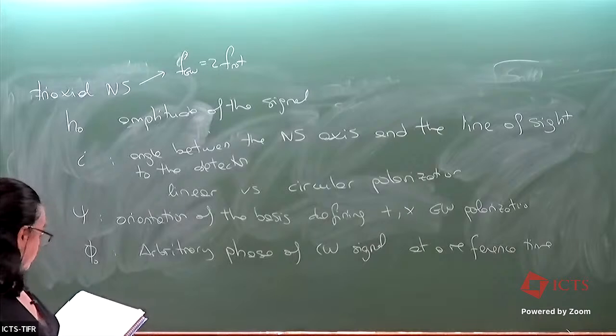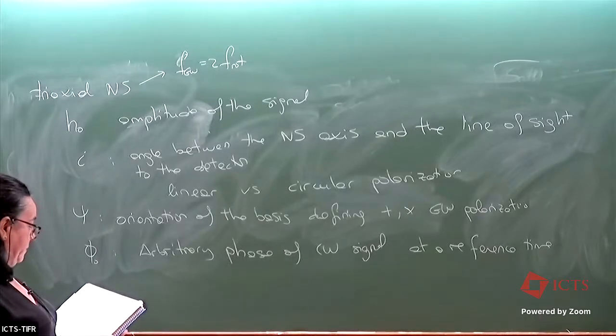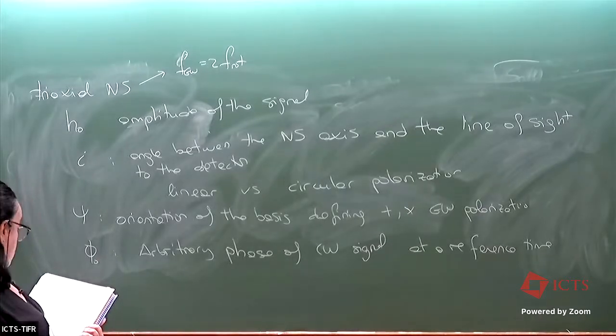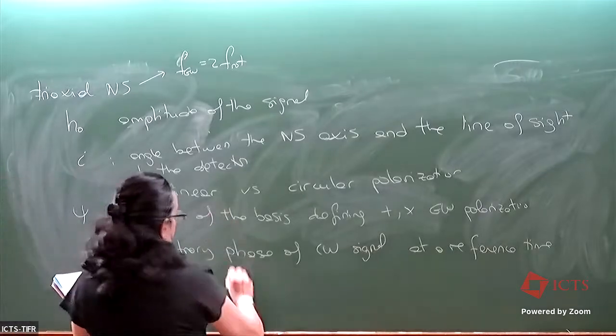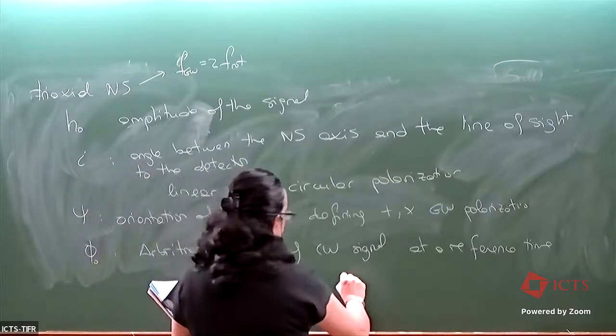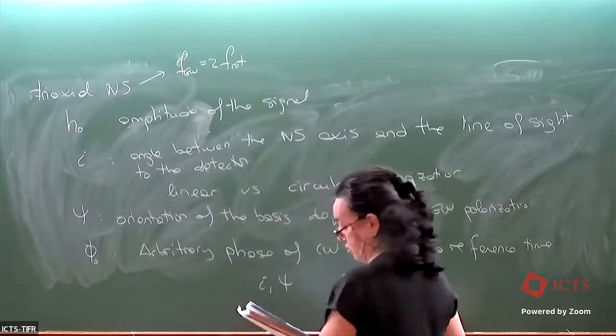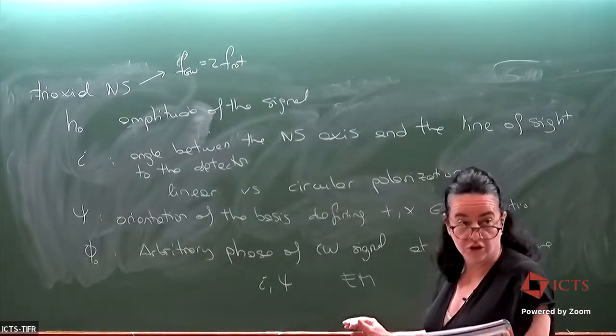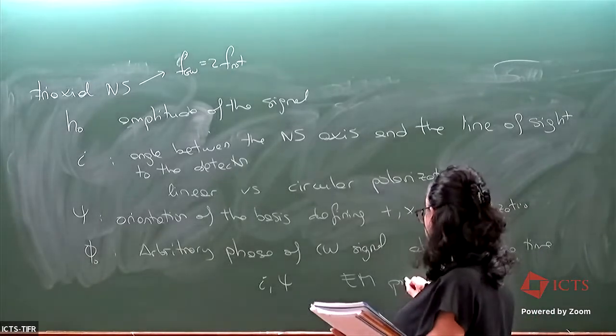This is one first group of parameters, and sometimes the inclination angle and the polarization may be constrained by electromagnetic observations or by using electromagnetic priors.